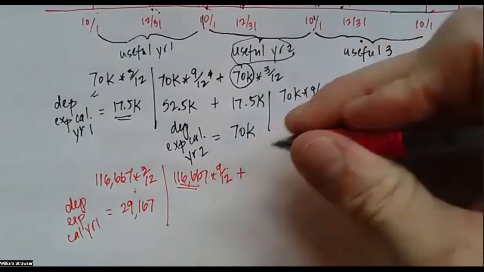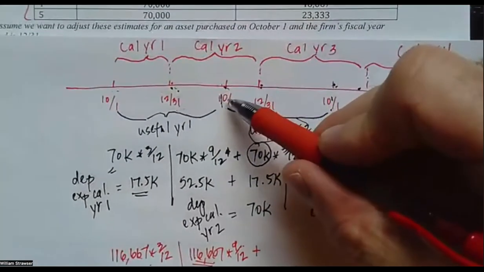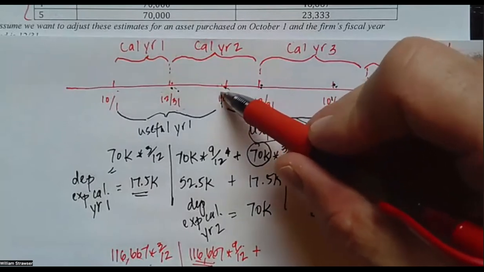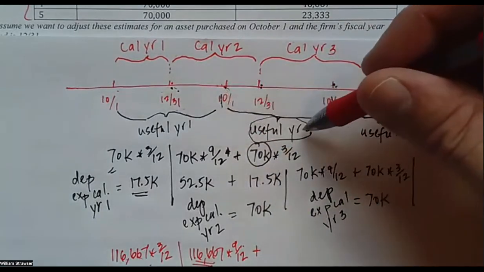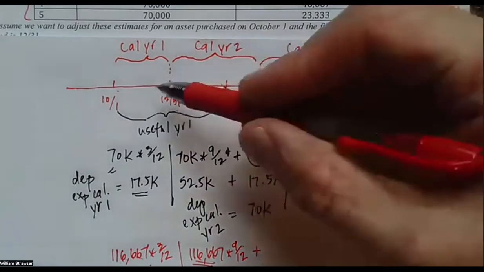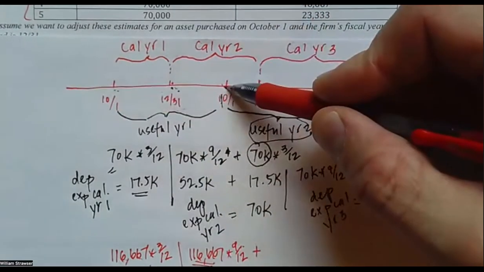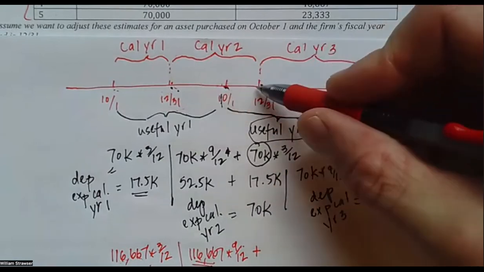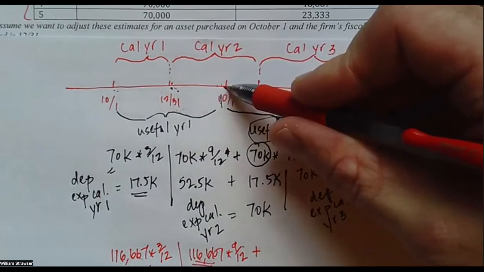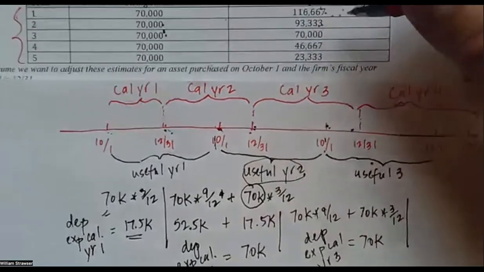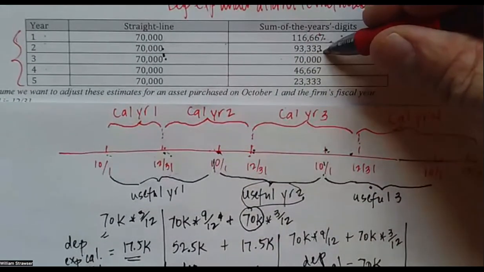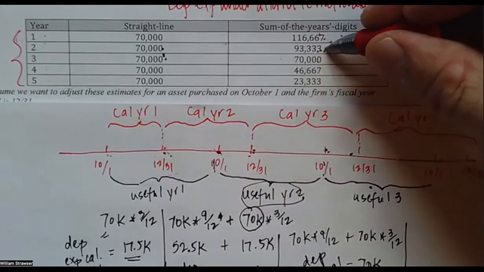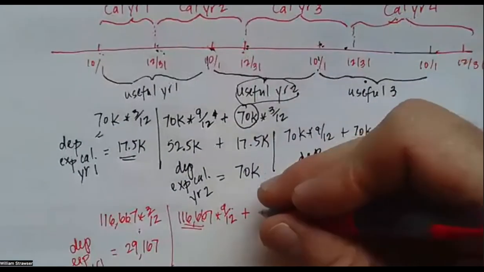However, once we move past 10/1 in the second calendar year, we switch to the second useful year because it's been a year since we purchased this item. So now we apply 3/12 from 10/1 to 12/31 to 93,333, my second useful year estimate.